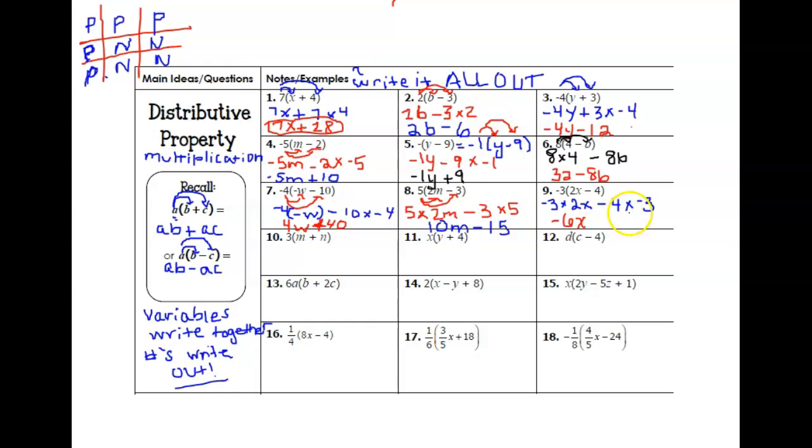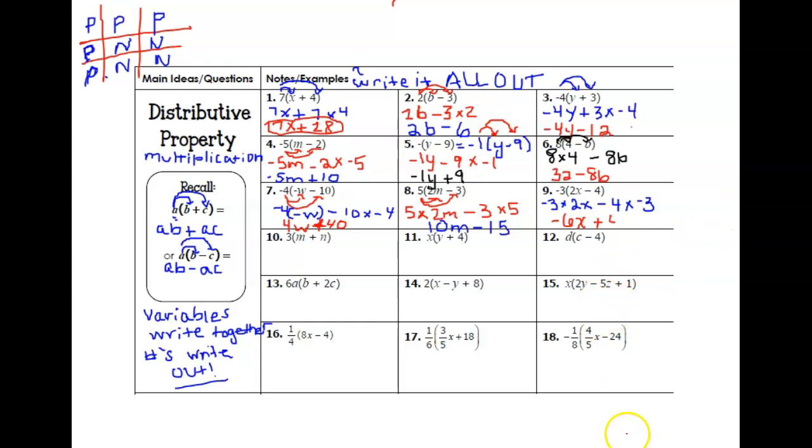minus negative 4. Let's see, I got a negative 4 times a negative 3. So 2 negatives, guys. Let's go back up to our chart. 2 negatives make a positive. So this is going to be a plus 12.